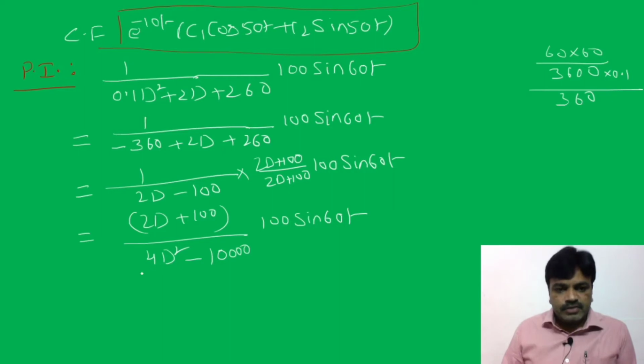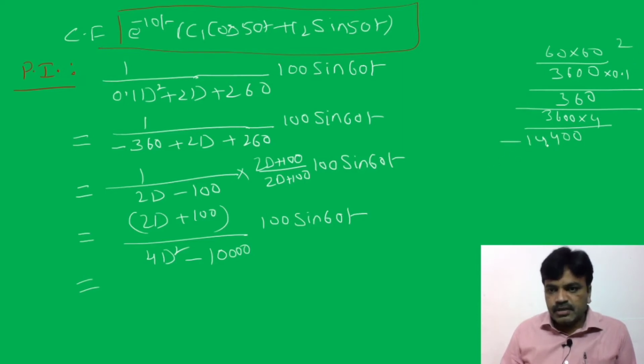Again you replace here, and this time minus again 3600. Now you multiply 3600 into 4, that is 14400, minus 14400. This value is minus 1.